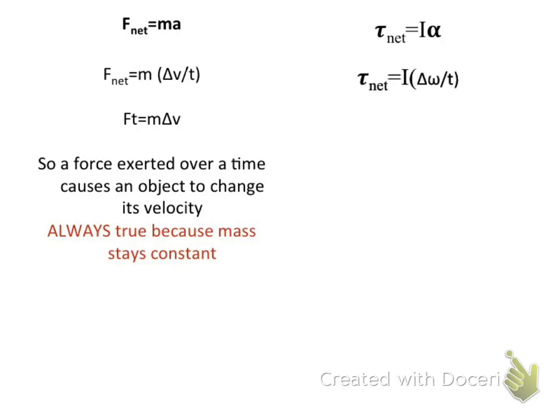All right, so if we were thinking the same thing, then we'd say alpha is the change in omega over time. So we'd write like this, and then get to here. What kind of equation do you think this is now? Angular momentum. Well, what was this one?